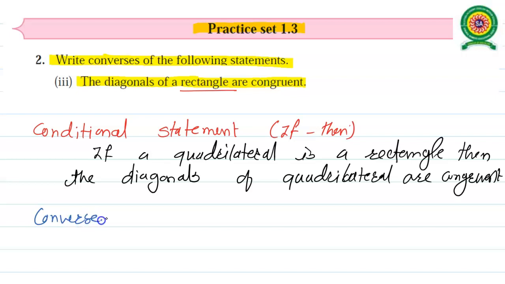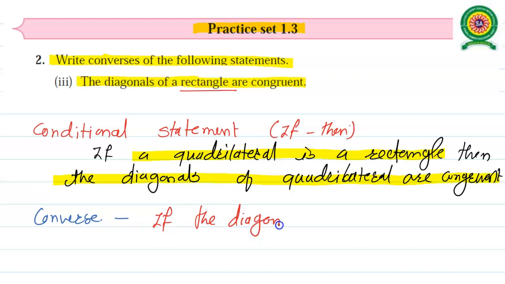Whatever statement we have after then and whatever statement we have after if, we have to interchange them. So I am writing the converse: if the diagonals of a quadrilateral are congruent, then which type of quadrilateral do we have?